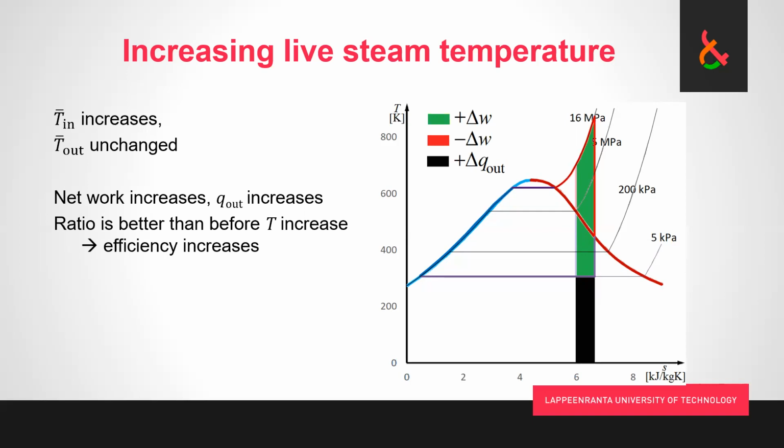But clearly, this process that we added is operating at a higher efficiency than the bit of the process that was there before, because the ratio of the work to removed heat is now much more favorable. So the net effect is that the efficiency of the process is going to be increased. And the additional benefit was that because we're again moving to the right side, we are getting less moisture at the turbine exhaust.